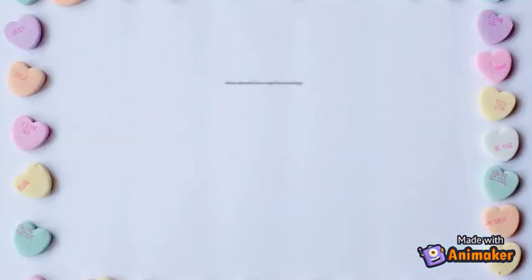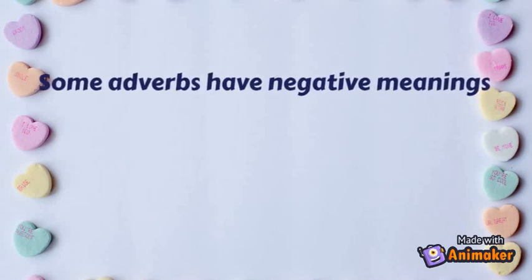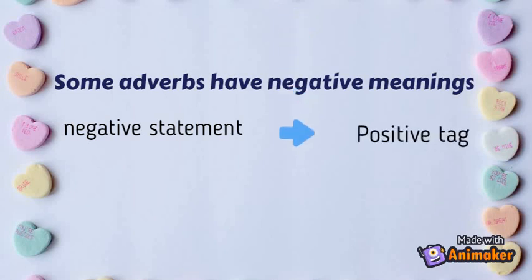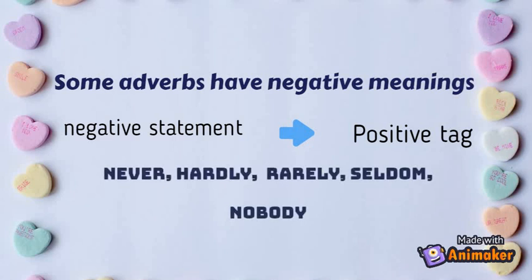Now this is an important rule. Some adverbs have negative meanings, so we use positive question tags. So we use affirmative tag after a sentence containing a negative word such as never, hardly, rarely, seldom, or even the word nobody.